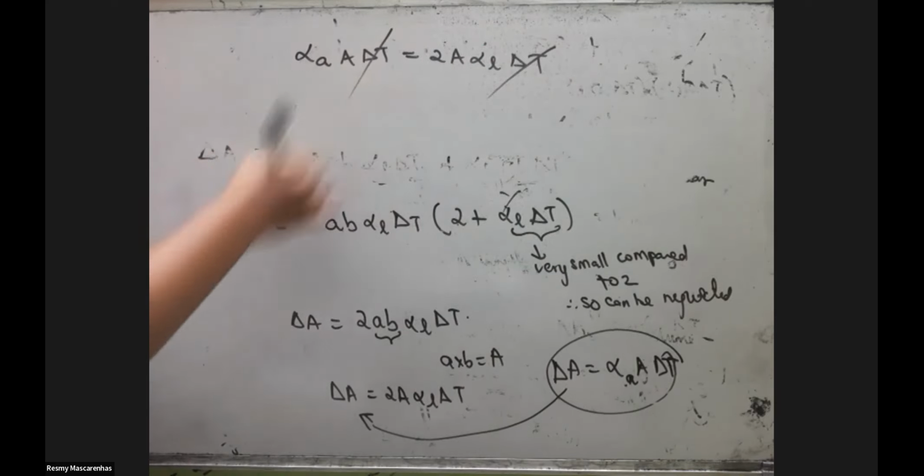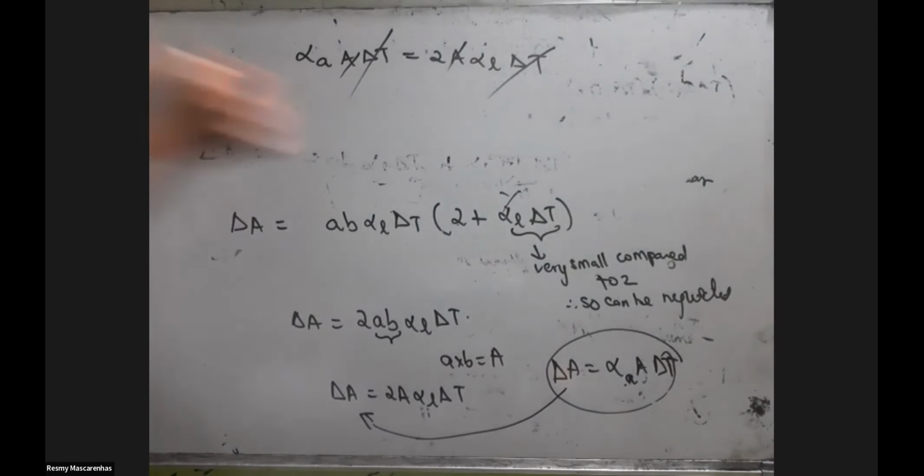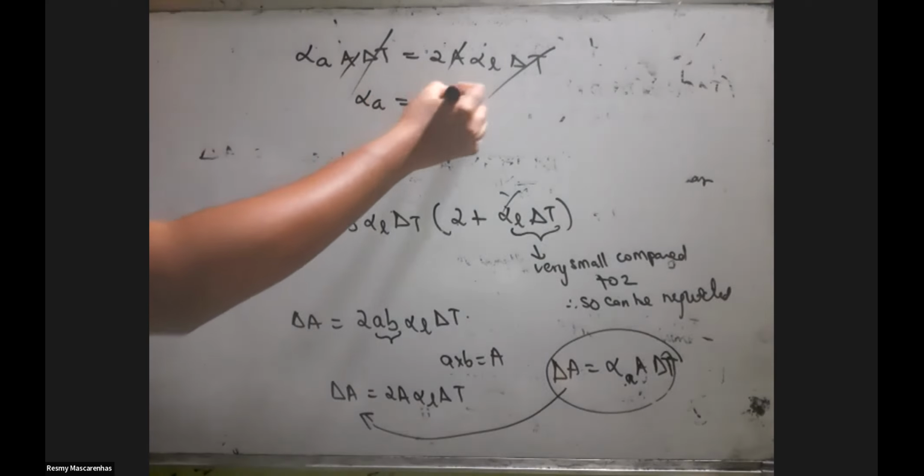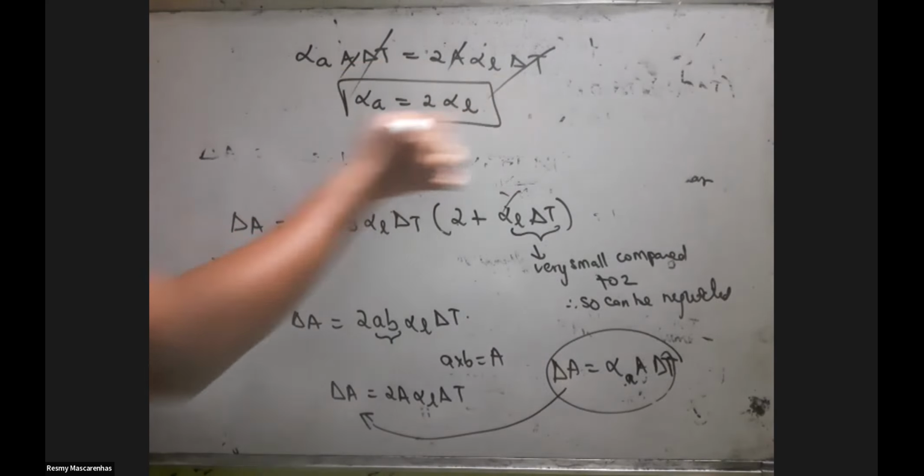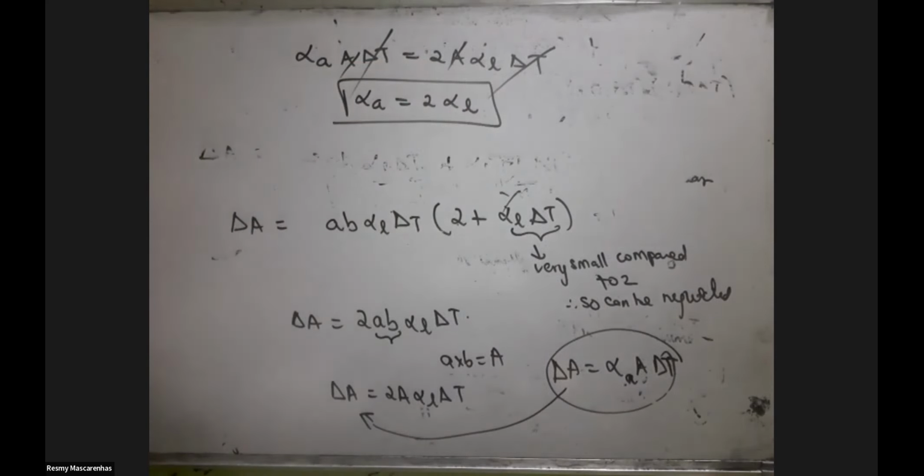This will cancel, this will cancel. A and A will cancel. Therefore, alpha A will be equal to 2 times alpha L. So this is the relation between area and coefficient of linear expansion.